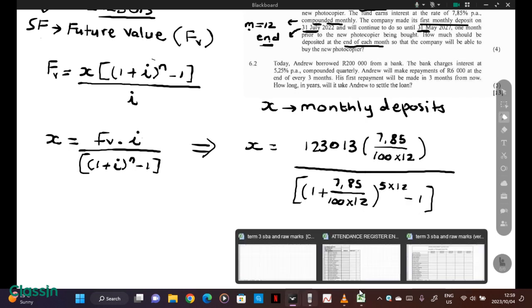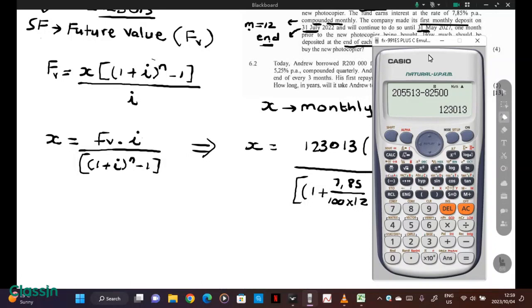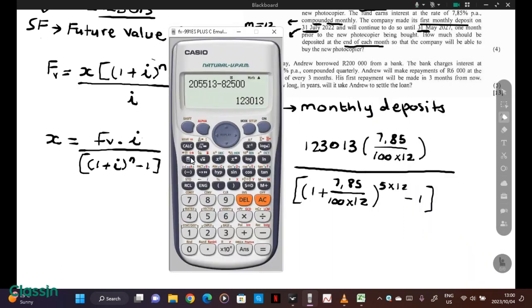So now, if you press this on a calculator, then it must give you a value. Let's bring it on a calculator.